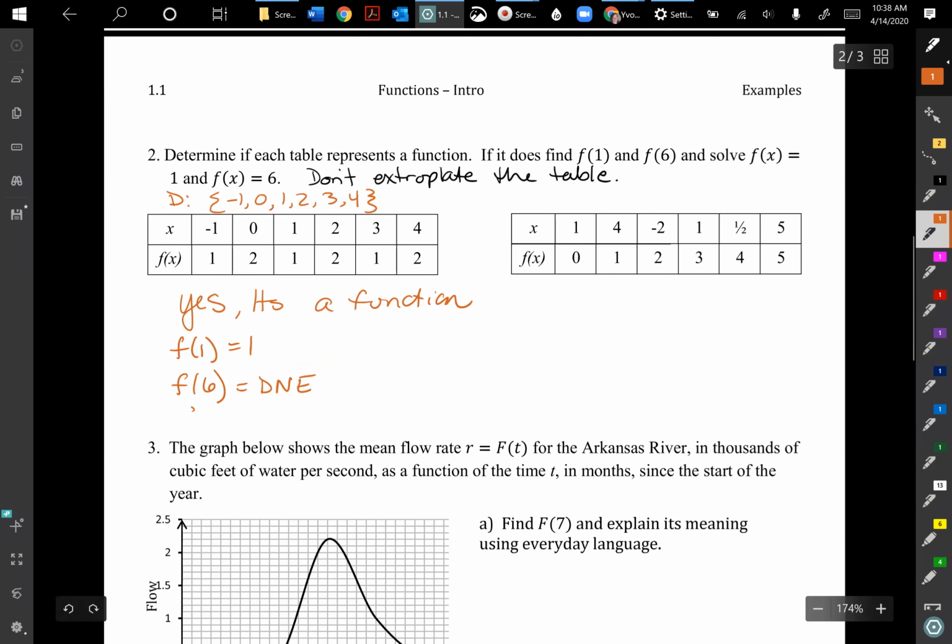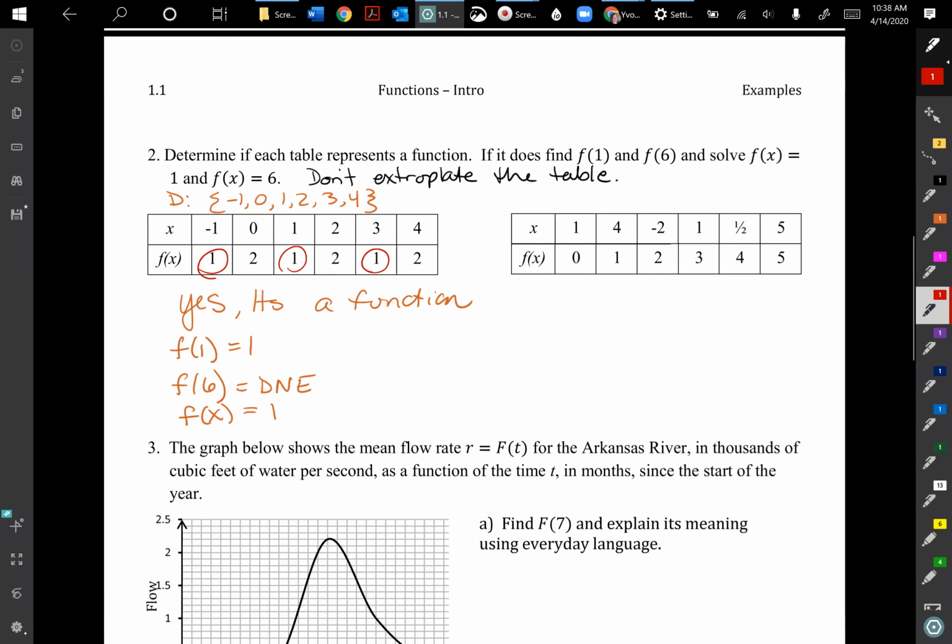So then we have find f of x equals 1. So I want to find what x is. So I'm going to look everywhere I see 1. Just here, here, here.